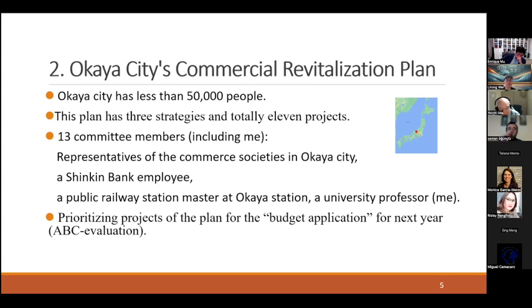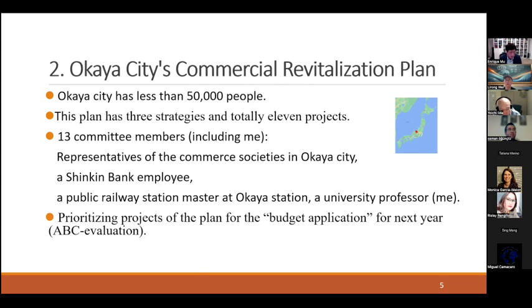In terms of evaluation, the purpose is to assess the progress of policies and assign an ABC rating to each policy for the next fiscal year. Policies rated A are considered important and high priority, and they are allocated budgets for implementation in the next year.